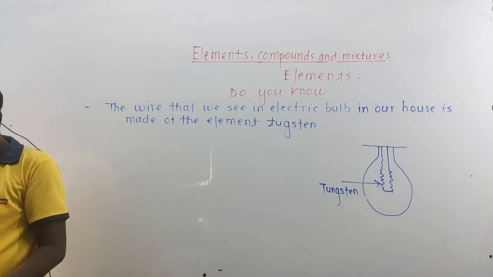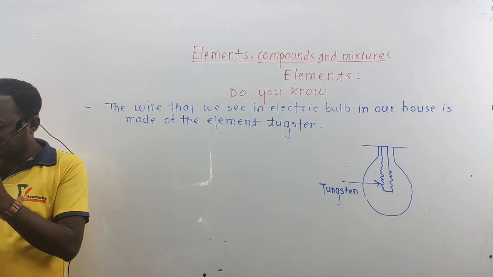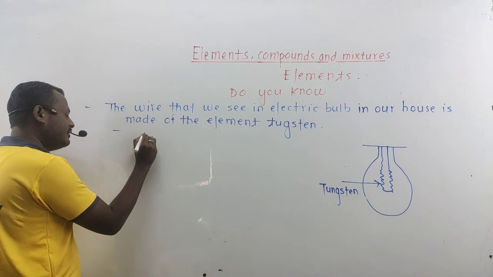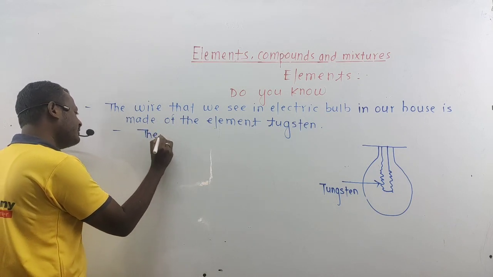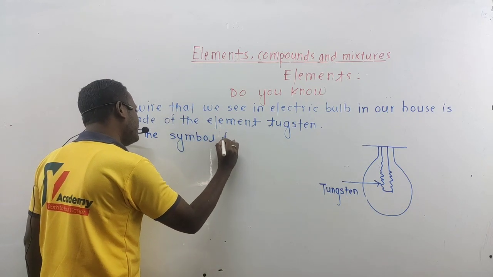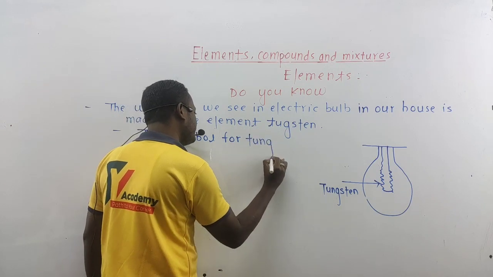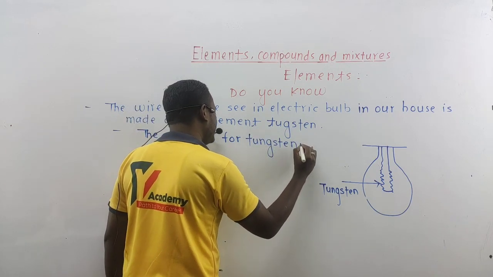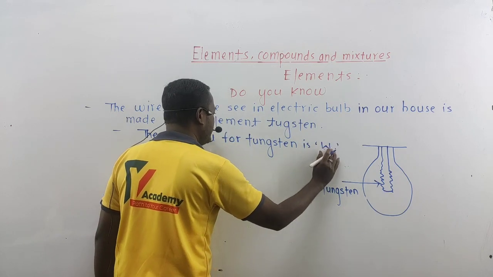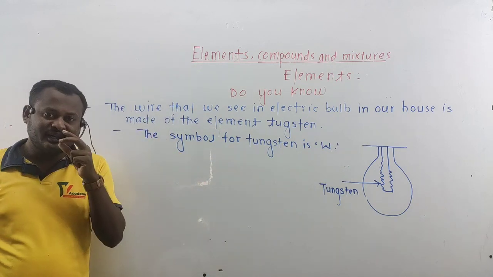Okay, so how is tungsten symbolically represented? The symbol for tungsten metal is capital W. So the short form or symbolic representation of tungsten is capital W. Remember this.